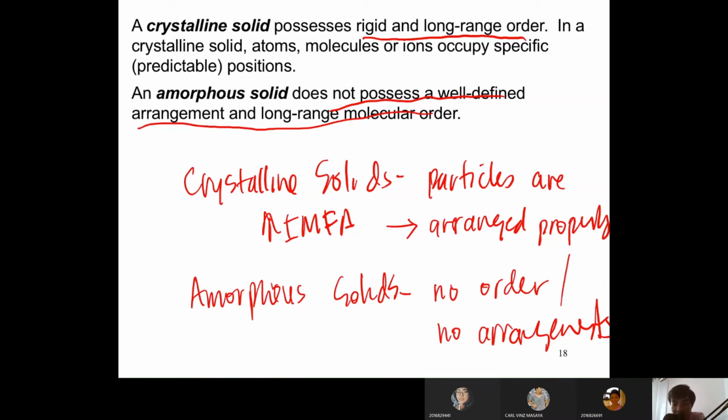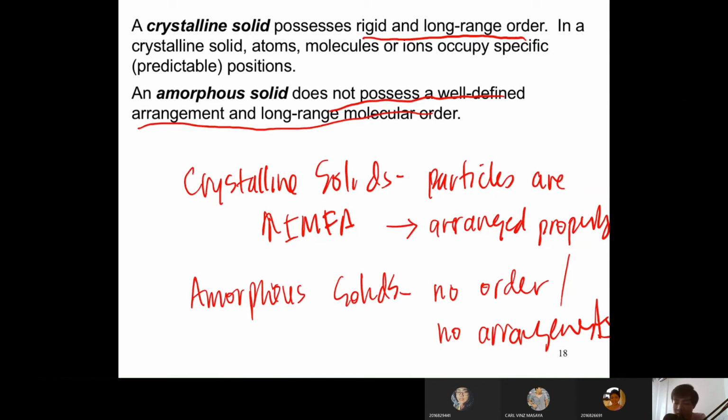Hampasin mo yung relo, hindi agad 'yan nagka-crack. Kasi yung glass ng relo, yun ay crystalline solids na. So matibay sila. Unlike amorphous solid, isang hampas mo lang, magka-crack agad. Bakit? Because mababa ang kanilang IMFA, mababa yung intermolecular forces of attraction. Hence, mahina sila, marupok na.